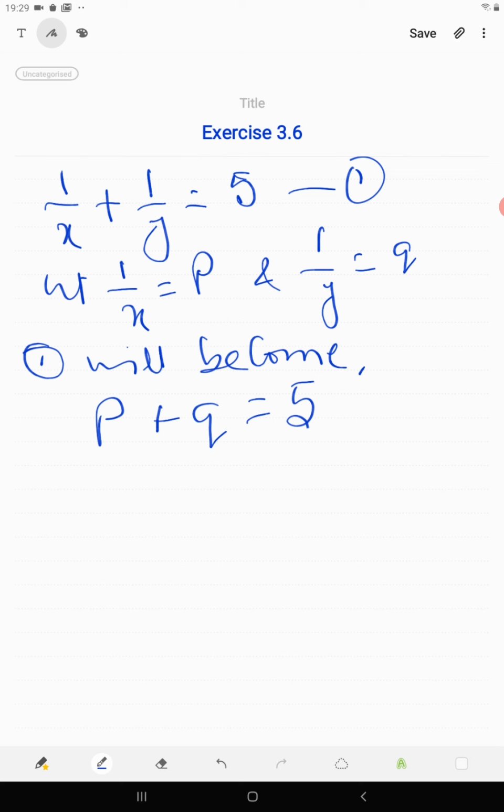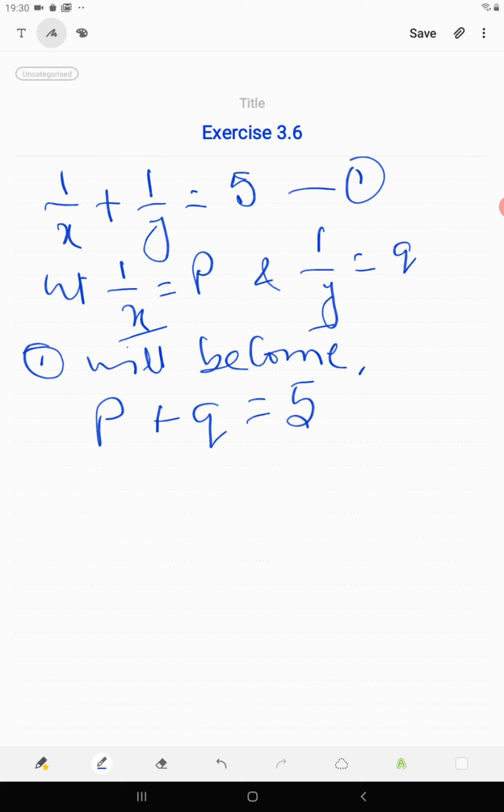That again we will convert by putting the same 1 by x equals to p and 1 by y equals to q. We will convert that again into some coefficient into p plus some coefficient into q equals to some constant. So like that we will convert, and then we will get the pair of linear equations which we will solve.